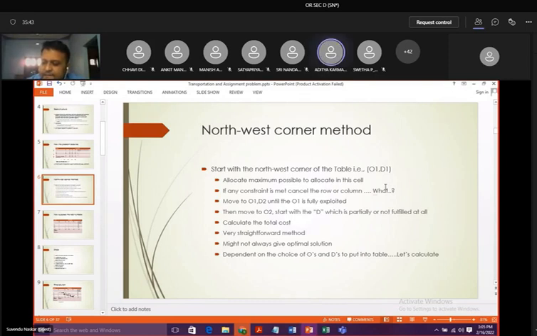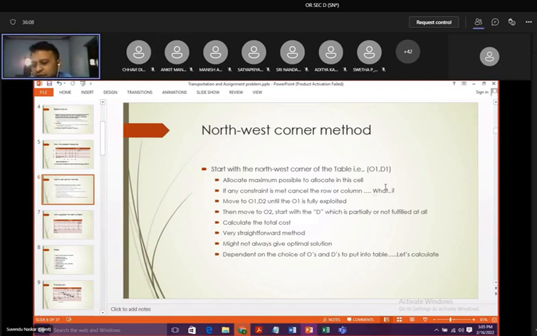Zero, because D1 has also already been fulfilled. That's precisely what I was saying: once you have made a constraint, discard the entire row or entire column. So in this iteration, your northwest corner is not O2 D1. Anyone else? O2 D2.